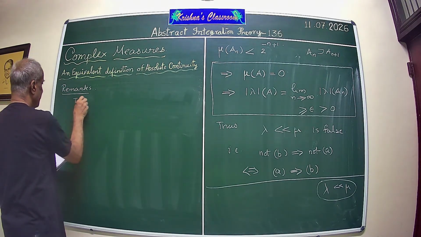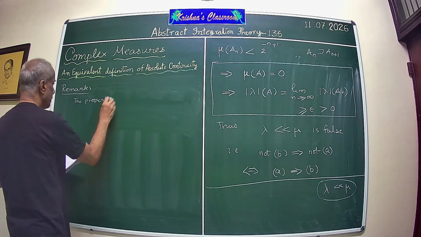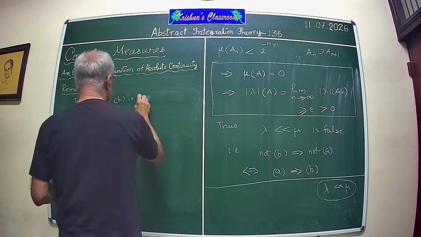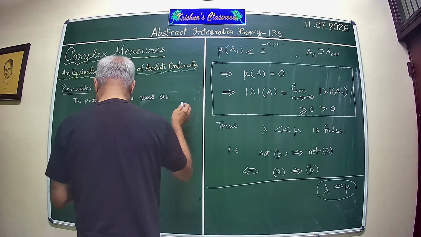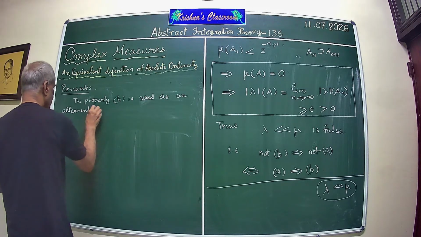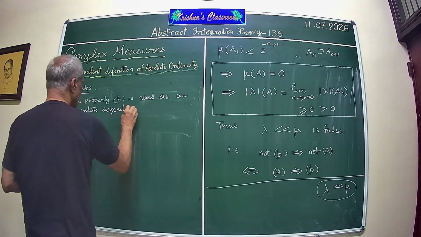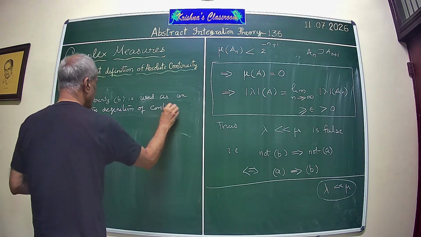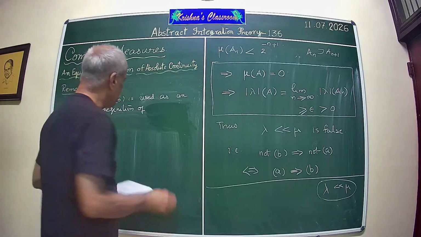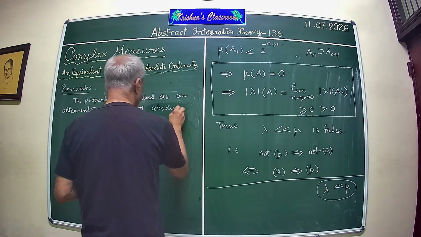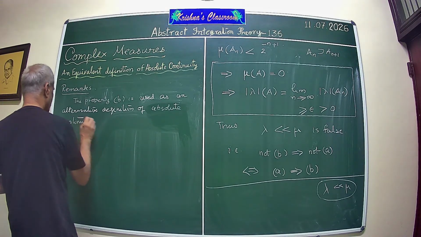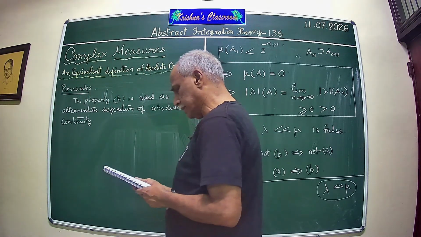The property B is absolute continuity. That is one remark. That's why we have proved the equivalence.